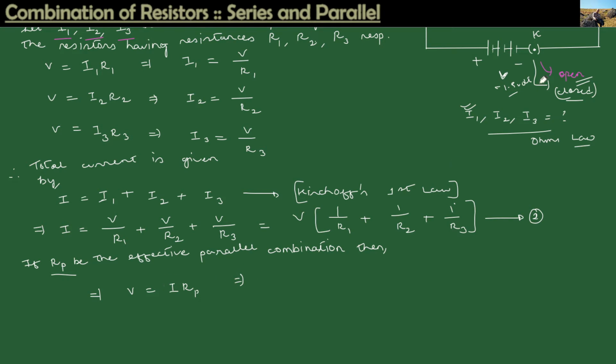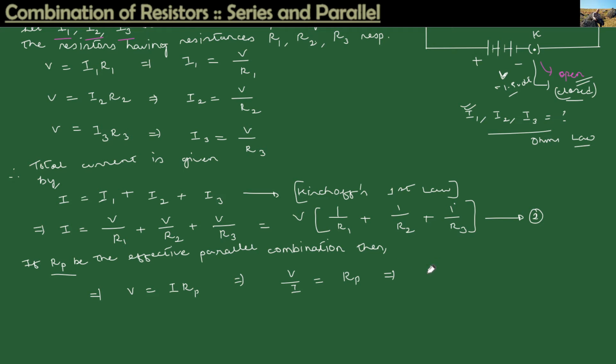Voltage V, this voltage V, and I will be Rp. Then from here we can write in this form. That means V divided by I will be equal to Rp.